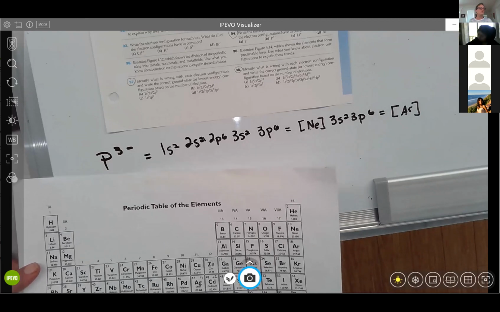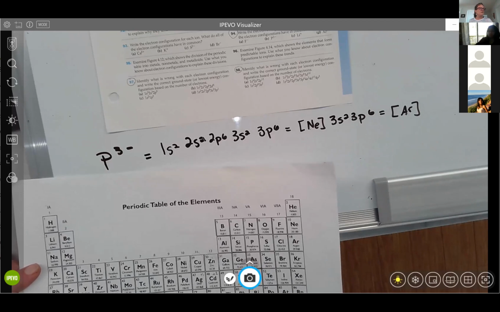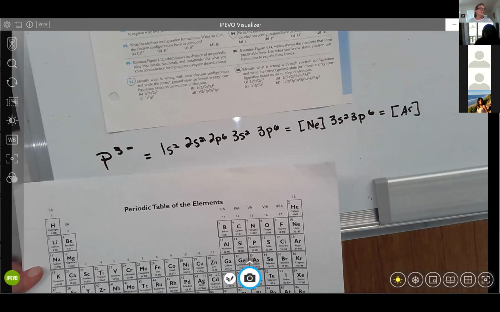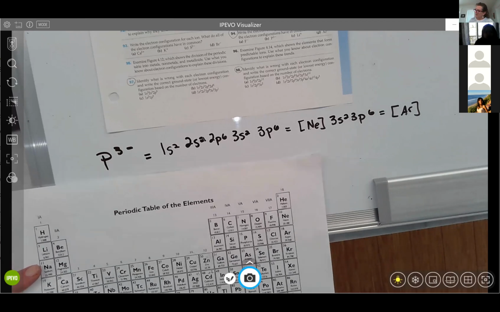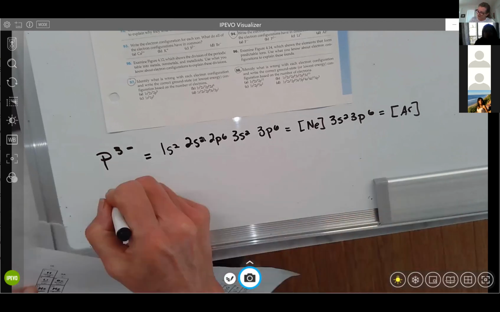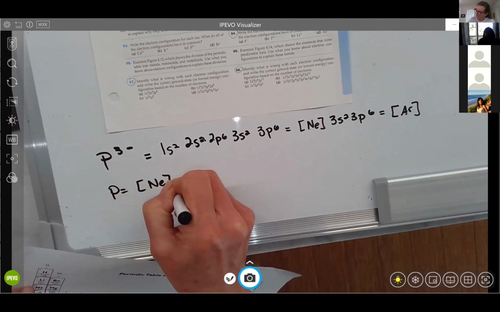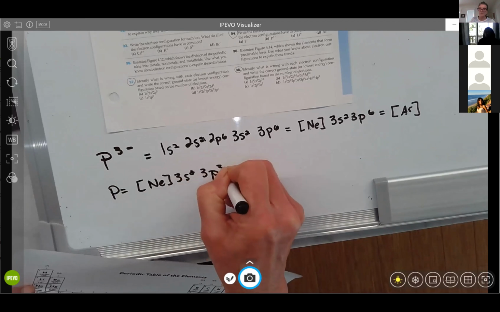Okay, level of comfort with that from 1 to 10? An 8. I give it an 8. Why? It's 3p6 because, for phosphorus, I'm going to abbreviate. Phosphorus would be neon 3s2, 3p3.